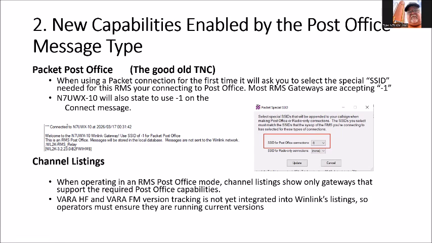So you've got to kind of know what's out there and what's not. I guess it's a lot of experimenting somewhat, and we've been doing some of that, a group I'm working with. So VARA HF and VARA FM version tracking is not yet integrated into Winlink's listings. So the operator must ensure you are running the current versions to connect.